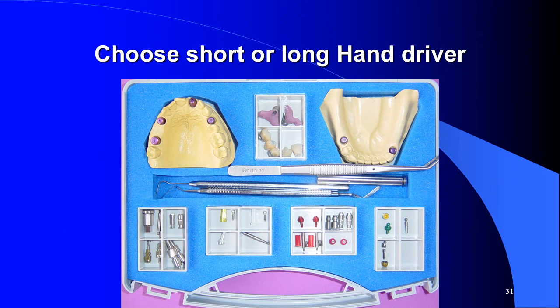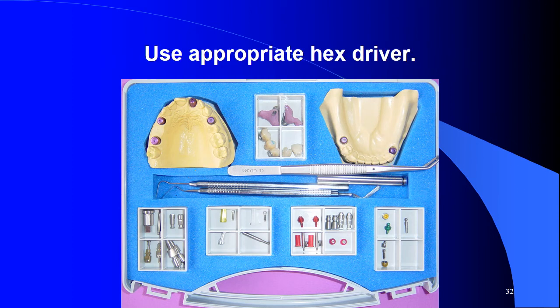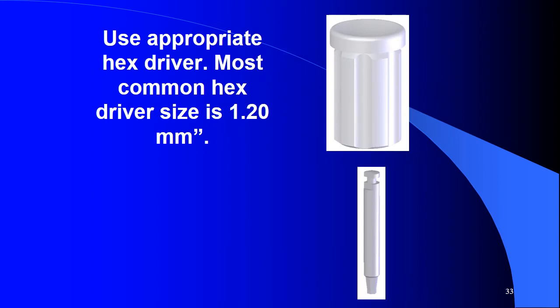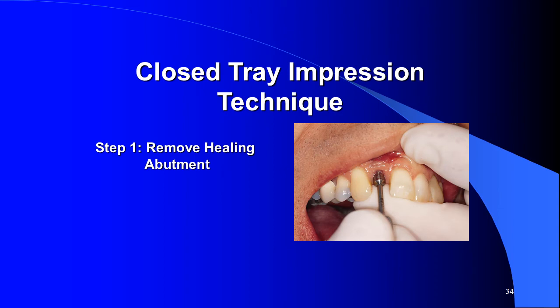First, we start to choose a short or long hand driver, and then choose the appropriate hex driver. The most common hex driver is 1.20 millimeter according to the system we used, and then we start by removal of the healing abutment.